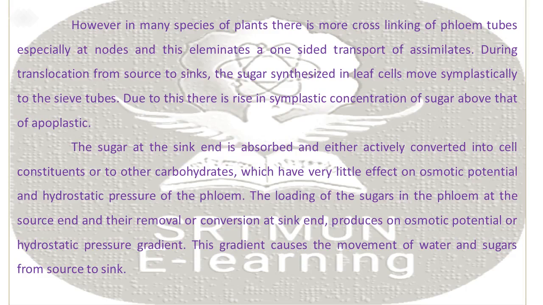However, in many species of plants there is more cross-linking of the phloem tubes, especially at nodes, and these elements on one side transport assimilates during the translocation from source to sink.